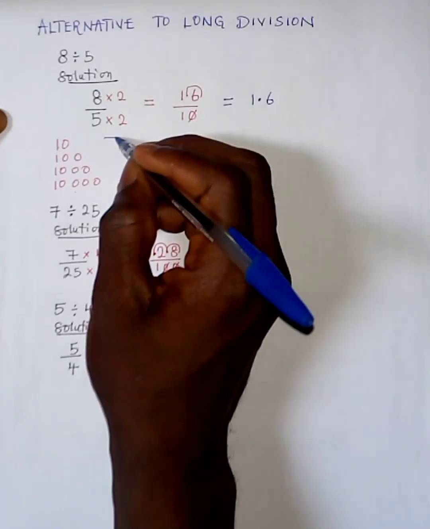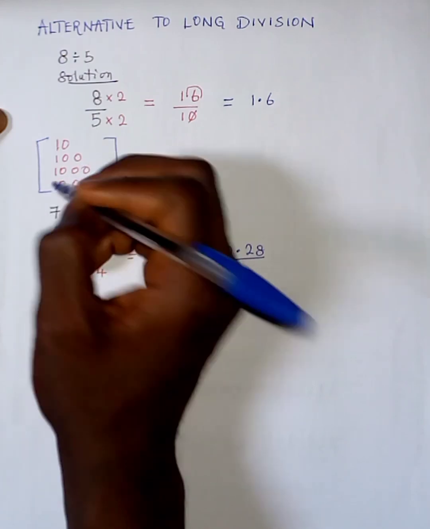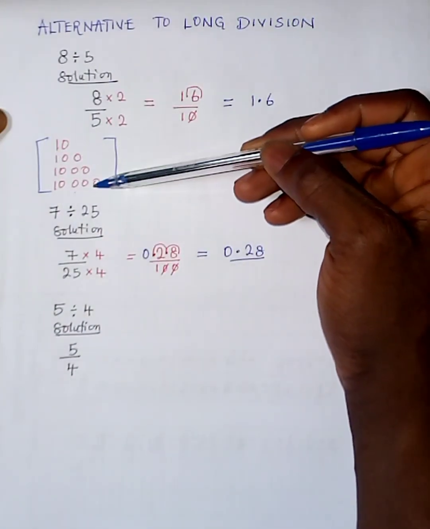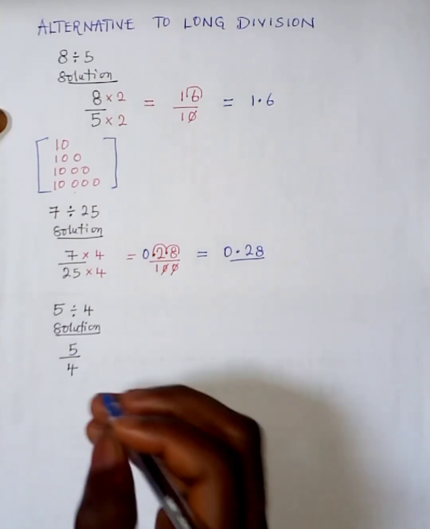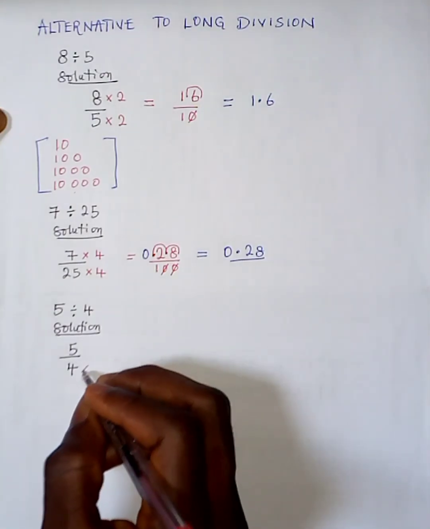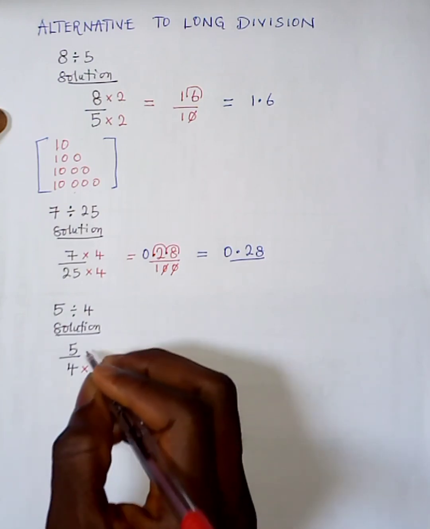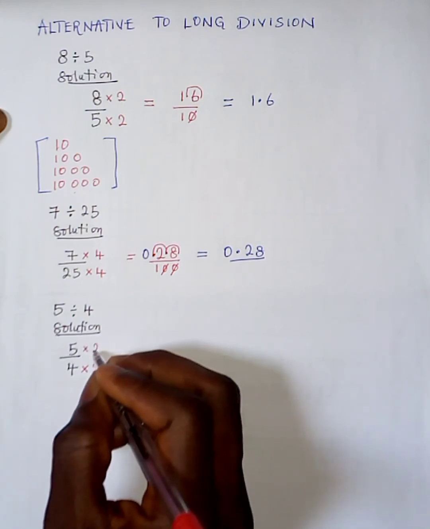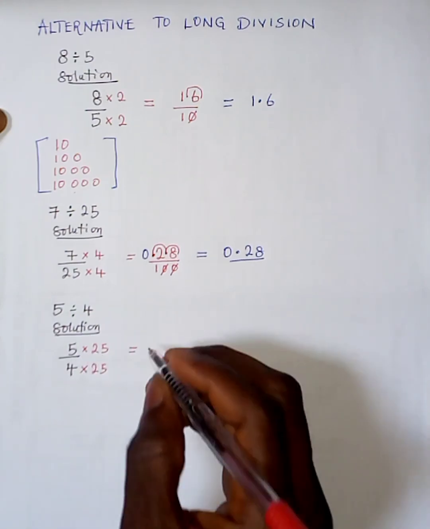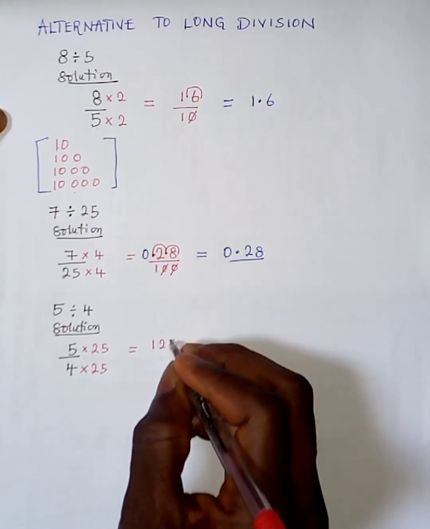So these are our key numbers, and it could continue to get either 10, 100, 1000, and so on. But I know that when I multiply 4 by 25, I will get 100. So I multiply 4 by 25, and I do the same thing to 5. 5 times 25 is 125.